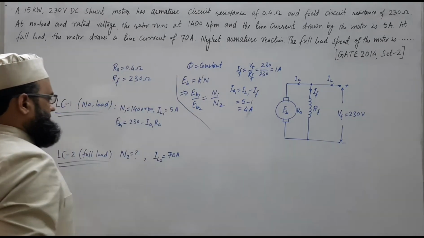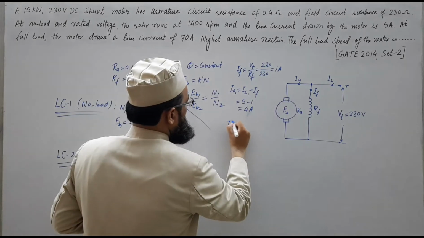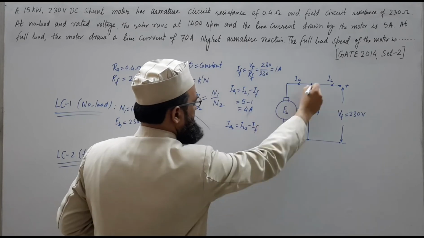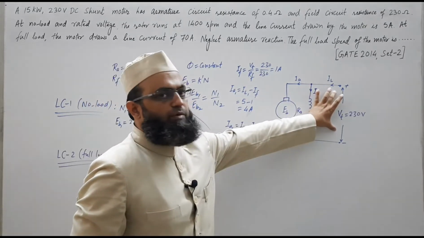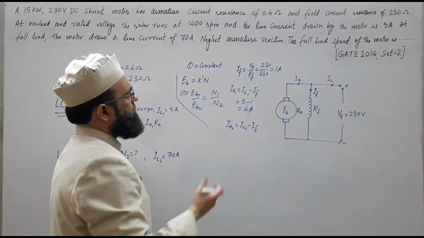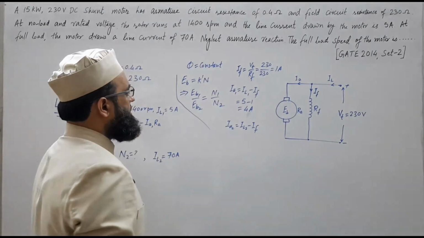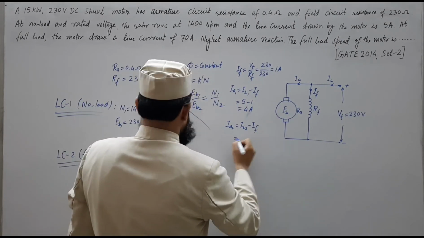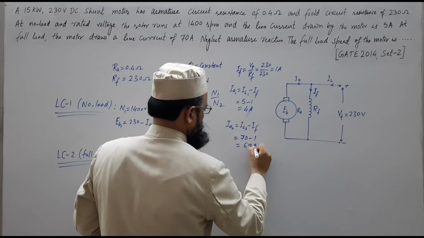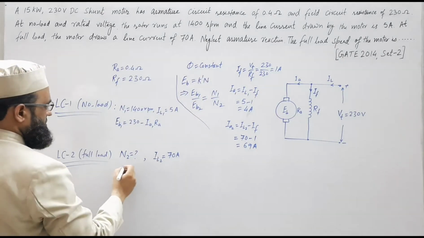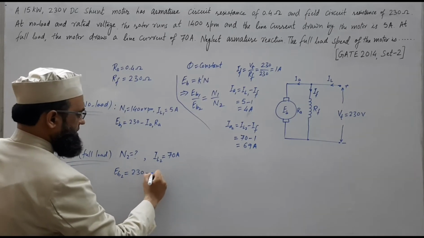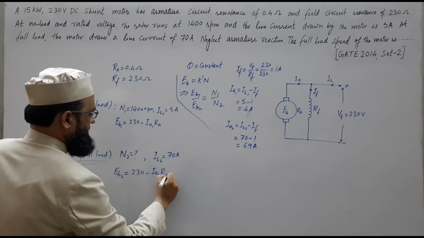Fine. Similarly, IA2 will be IL2 minus IF. IF remains constant as long as Vt remains constant and the effect of armature reaction has been ignored, so phi will also remain constant. So we may write 70 ampere minus 1 ampere, that is 69 ampere. EB2 may be evaluated as terminal voltage 230 minus IA2 times RA.